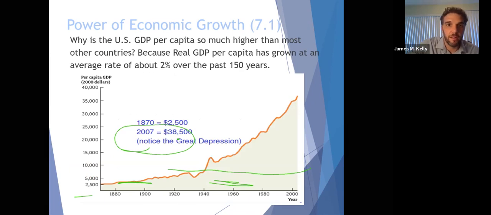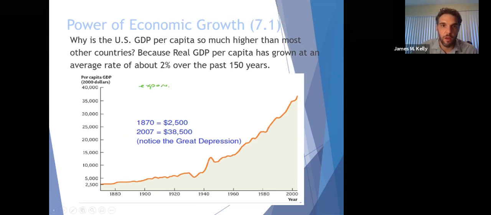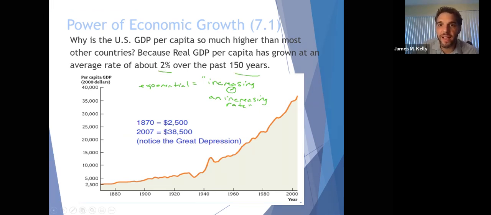Okay, so what does that look like? Well, what it looks like is growth where growth is increasing at an increasing rate. Exponential growth essentially means increasing at an increasing rate. Okay. And so why is the US so wealthy? Well, it's been growing at a growth rate of about 2% for the last 150 years, since about 1870.